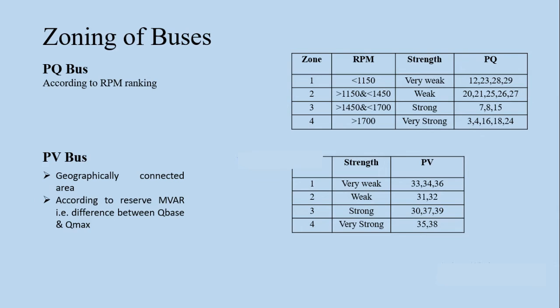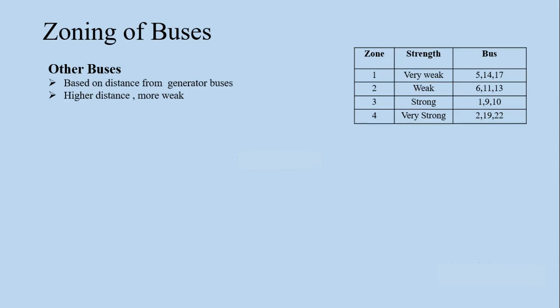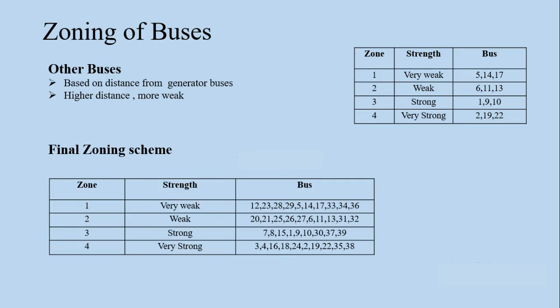Here is the zonal scheme for the PV bus. And finally, the other buses are zoned based on the distance from generator buses. The higher the distance, the weaker the bus is. This is the zonal scheme, and the final zonal scheme is here. We have created 4 zones of very weak, weak, strong, and very strong, and the associated buses are here.